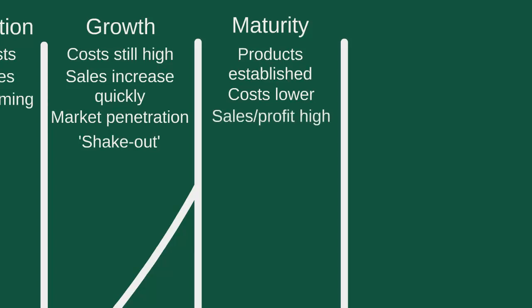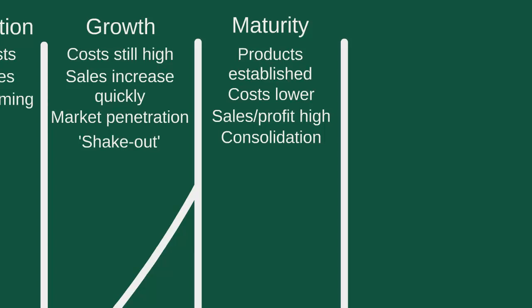And therefore the sales and the profit would be expected to be quite high because we're producing a lot more products for a lot less and the products are selling well. And this is where the market is generally starting to consolidate. So we're not growing anymore.